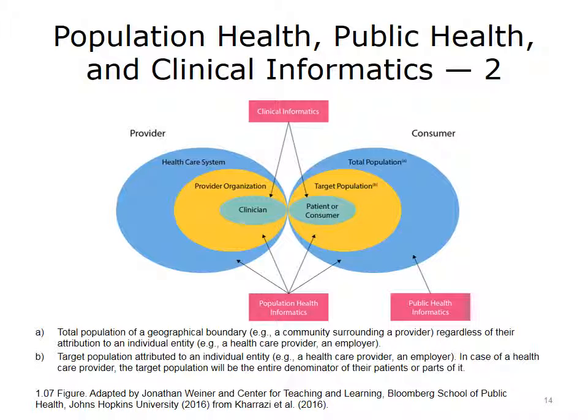The ovals on the right represent the consumer side, and the ovals on the left represent the provider side. The central two ovals represent the consumer or patient on the right, and the clinician, say doctor or nurse, on the left. This is the essence of the clinical relationship.